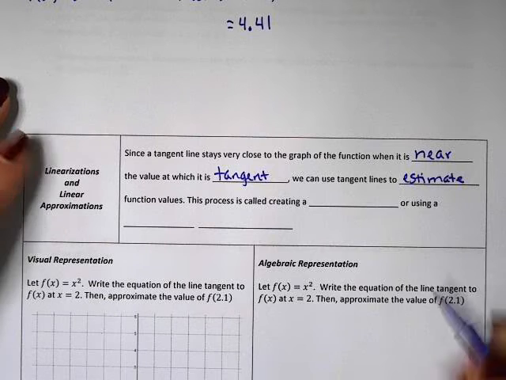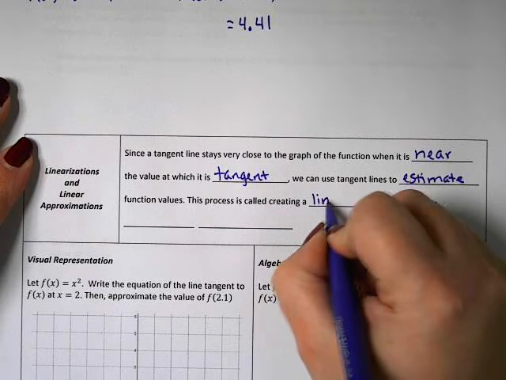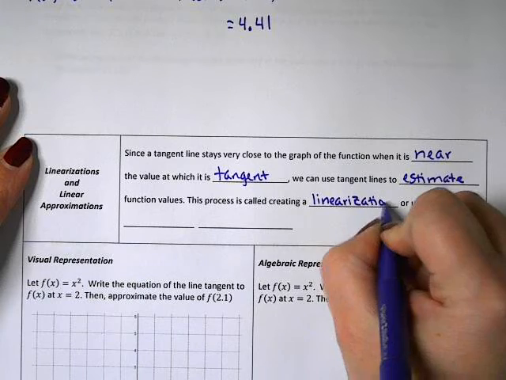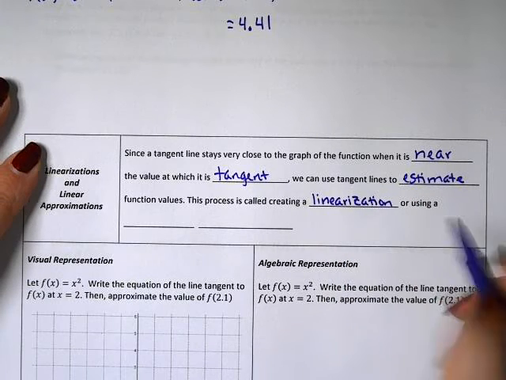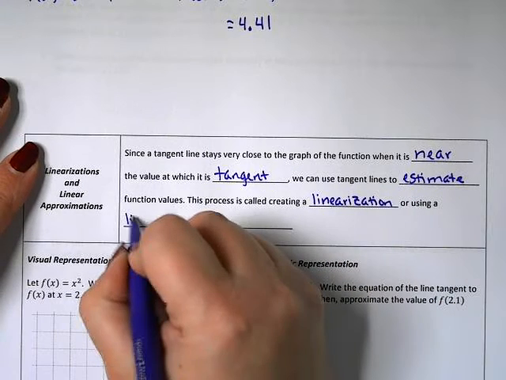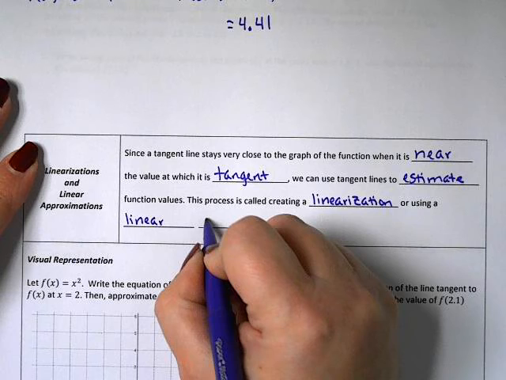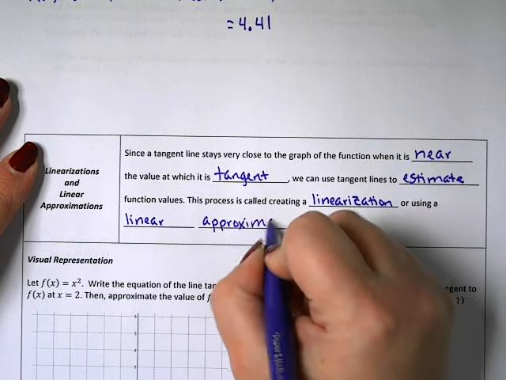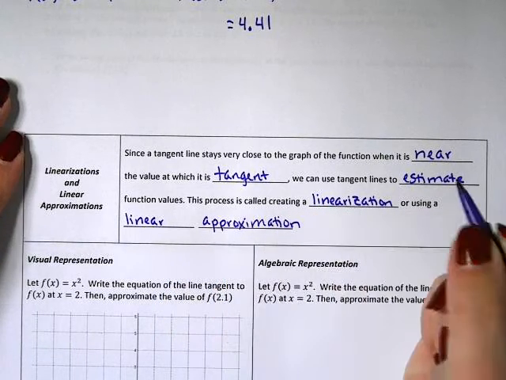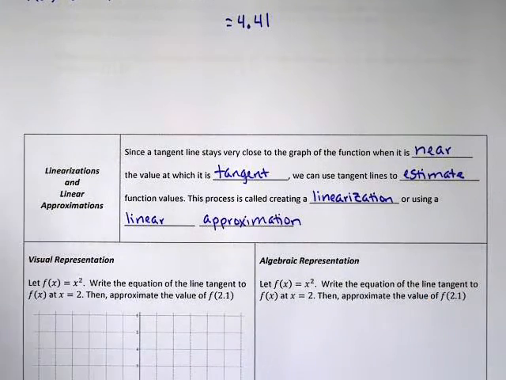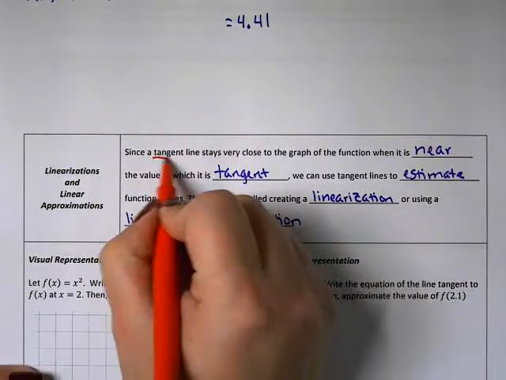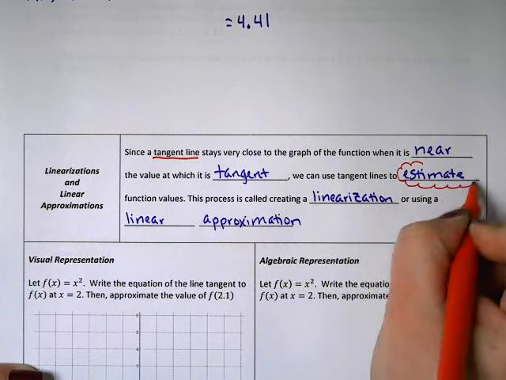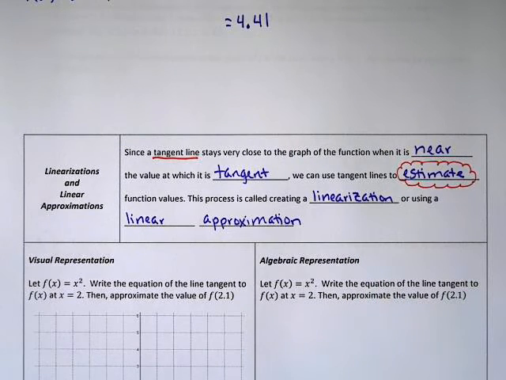This process is called linearization, or in other words, using a linear approximation. So again, what we're really doing is using this tangent line to get really close to function values without having to plug in nasty decimals.